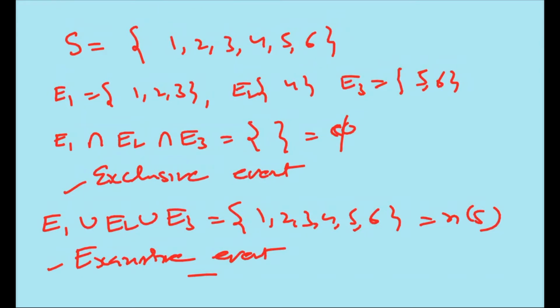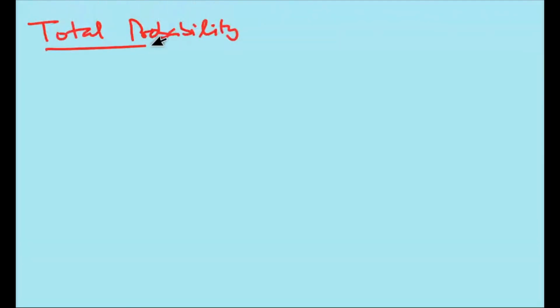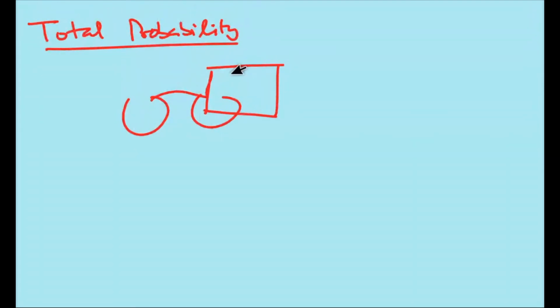Okay students, now I am going to talk about total probability. You will understand this total probability better with the following example. Let us say you are on a bicycle carrying bags. Here are 3 bags, separately, all of the same color.